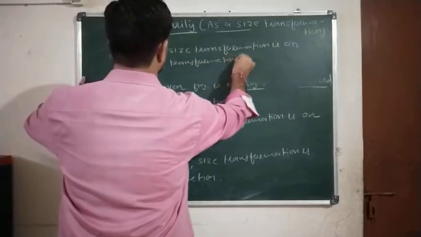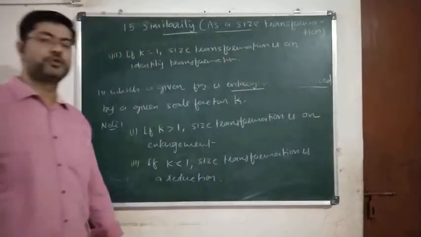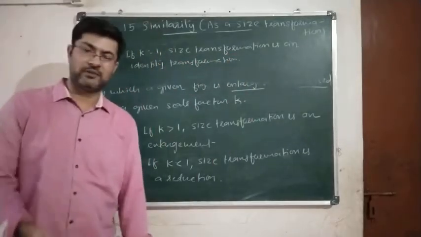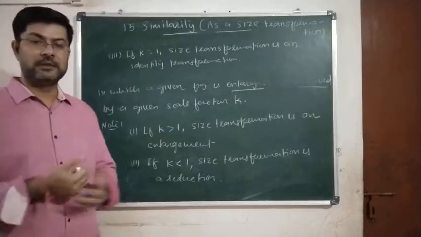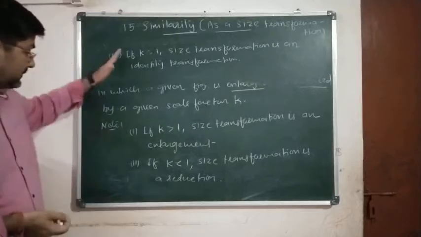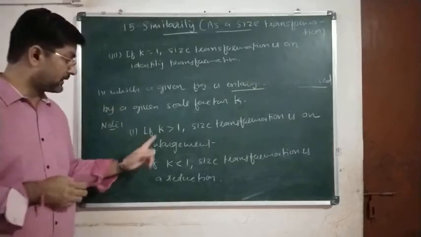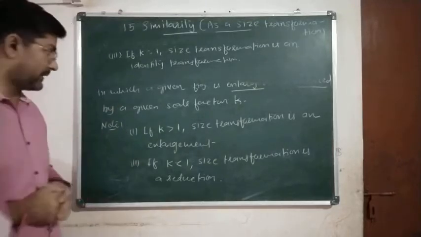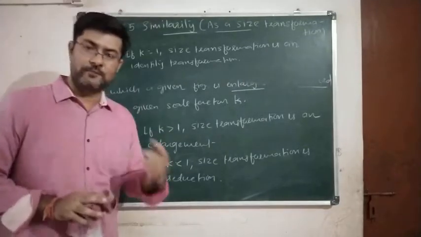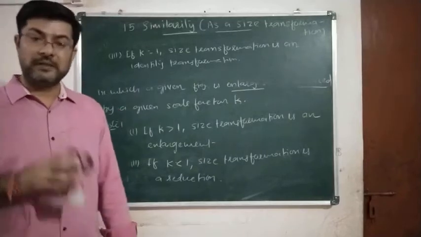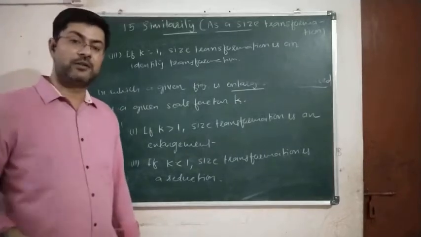Clear? So you are getting the same figure because there will be no change. The image figure will be similar to the object figure or the pre-image. Clear? So these facts you will remember about K. Remember that K is scale factor, by which the given figure, the original figure, the object figure or the pre-image is either enlarged or reduced.